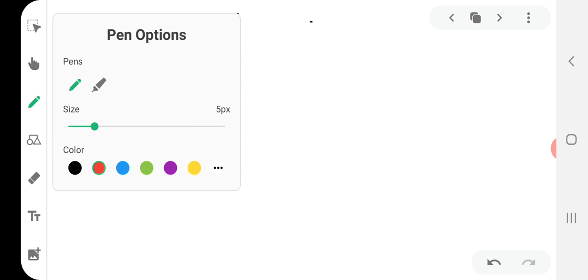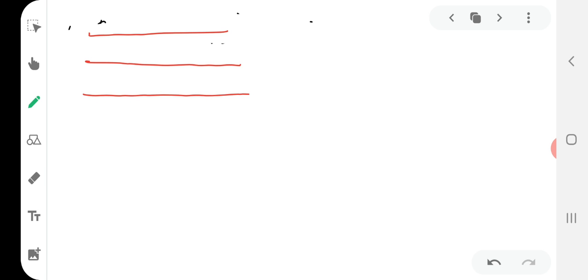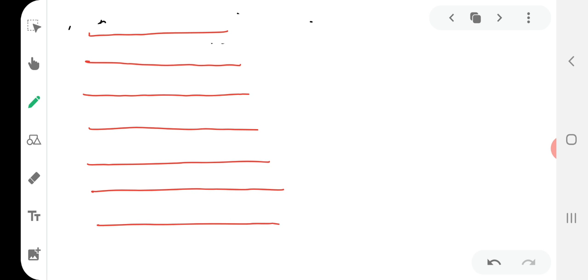Okay, now how will we draw? See here, again we are having an 8-point output sequence, because see here how many values, 1, 2, 3, 4, 5, 6, 7, 8. That's why we have to draw the 8 lines. That is, first I am drawing 1, 2, 3, 4, then next 5, 6, 7, 8.